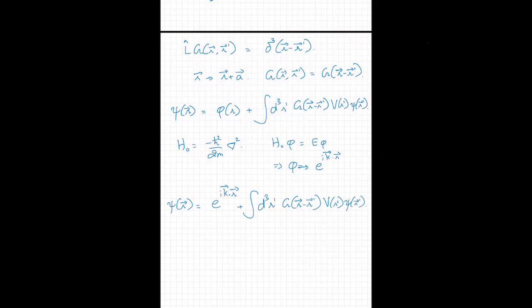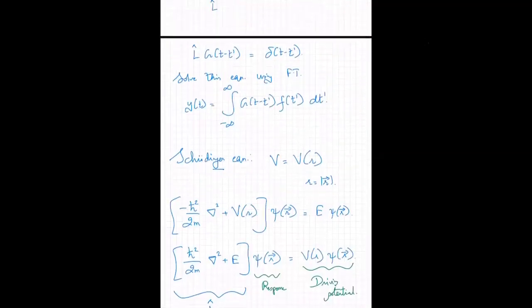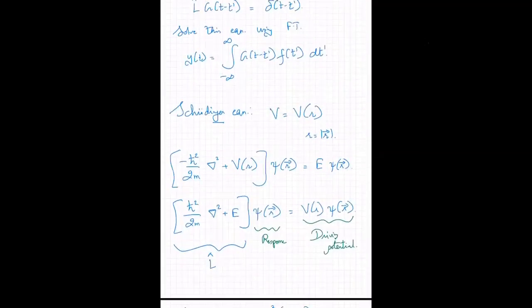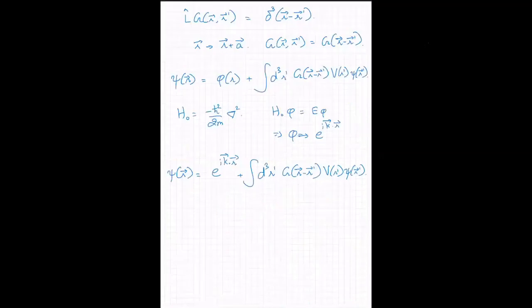Okay. So this is the formal analog of the solution of the driven harmonic oscillator. The only difference is that I've added the solution of the free Schrodinger equation, which is something I can always do. Okay. So you can actually check by acting this on the actual Schrodinger equation that this is a solution. But this is not a solution in the traditional term, because what is a solution? A solution is something where you write an unknown quantity in terms of the known quantities.